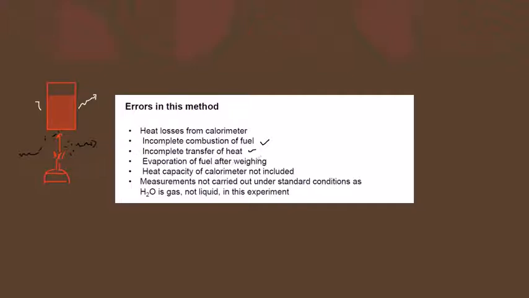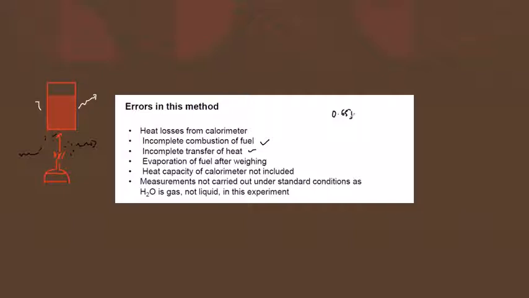Evaporation of the fuel after weighing, because as we took in the previous example, we had 0.65 grams of propan-1-ol. But maybe because these are volatile liquids, some of the fuel might evaporate. So as the fuel might evaporate, we will not have the same 0.65 gram of fuel for combustion.